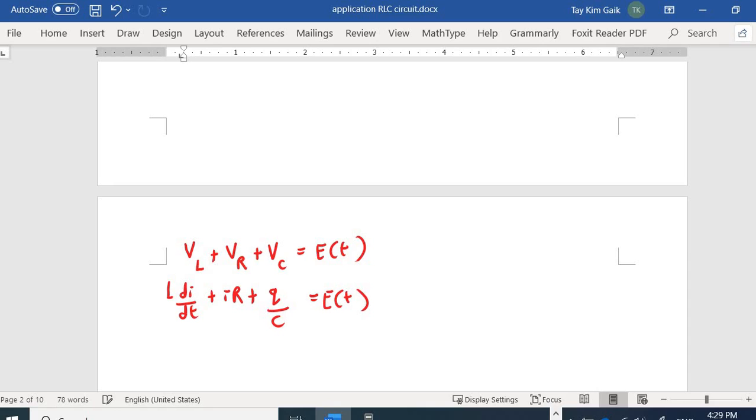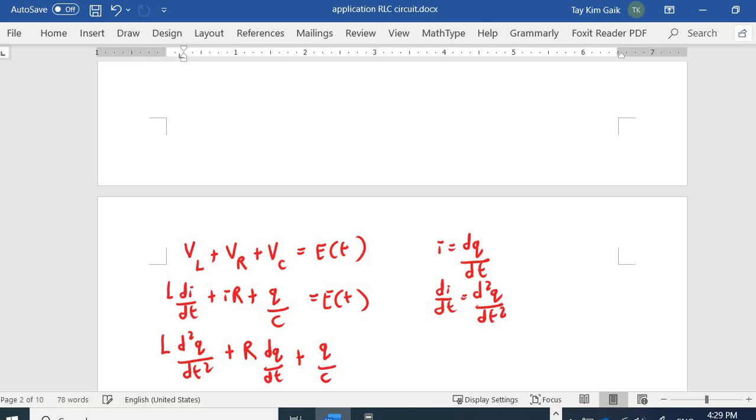And we know I is actually the rate of change of charge: I is dQ/dt. So we plug in dQ/dt for I, and then dI/dt will be d2Q/dt2. So L dI/dt becomes L d2Q/dt2, I is dQ/dt, and Q over C equal to E(t).